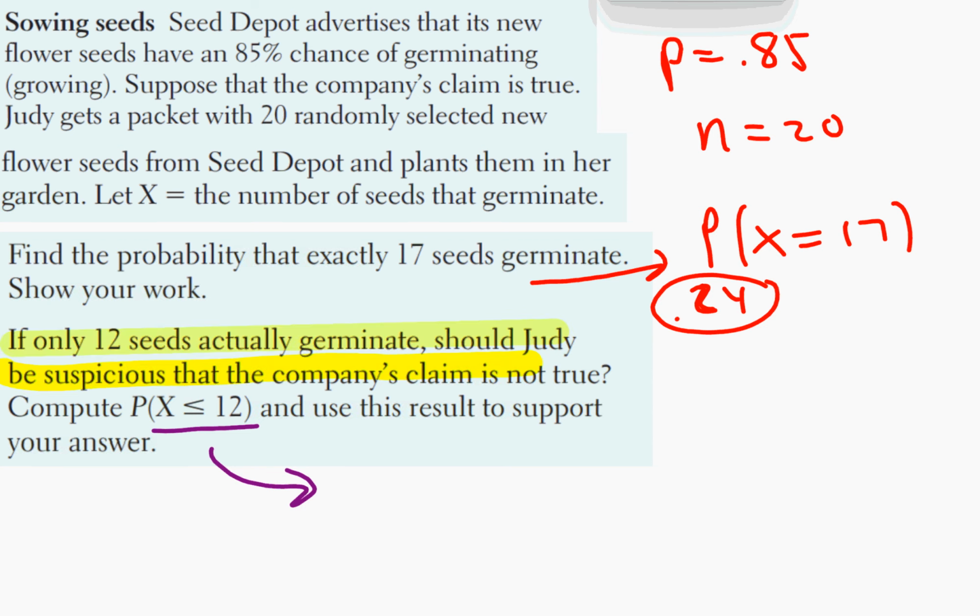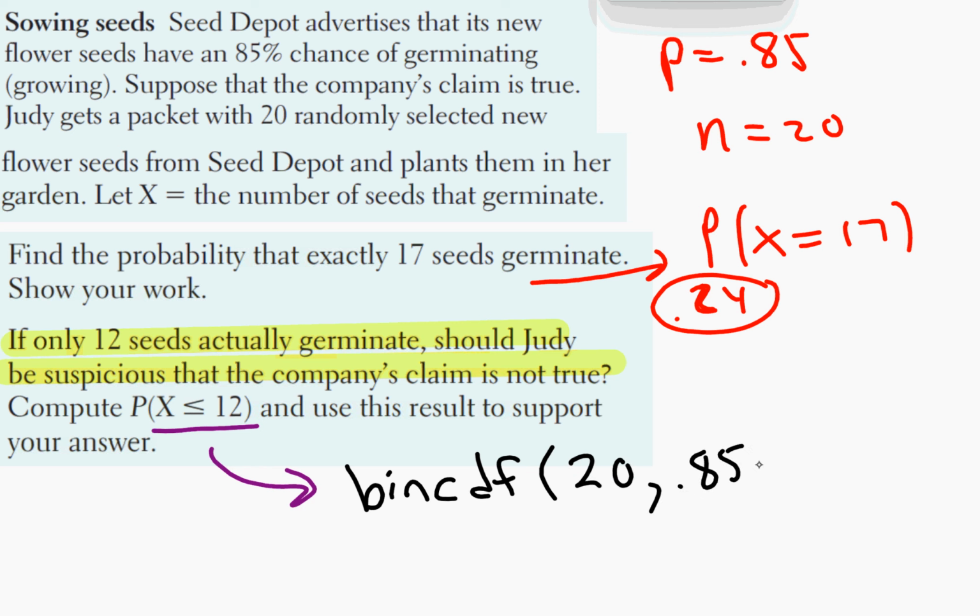Okay, anyway, you can just do the following. So this is going to be a binomial CDF, right? Because it's less than or equal to. We're examining 20 seeds. The probability any particular seed germinates is 0.85, and we want 12 or less. So luckily the calculator does this kind of thing for us directly.